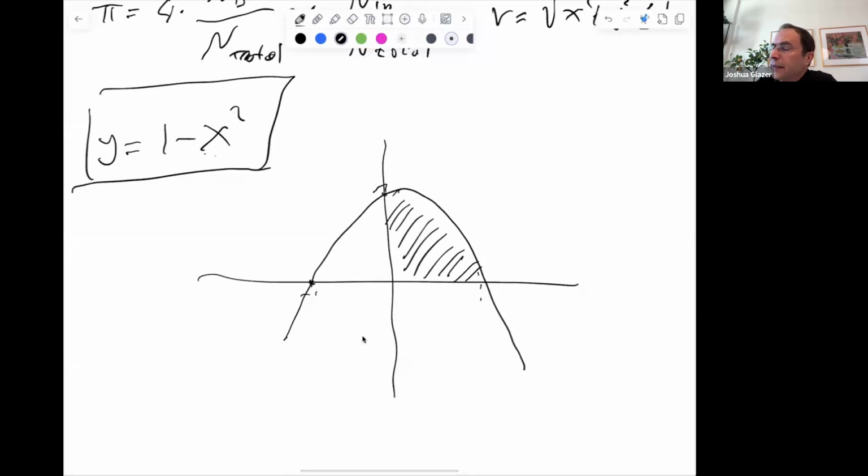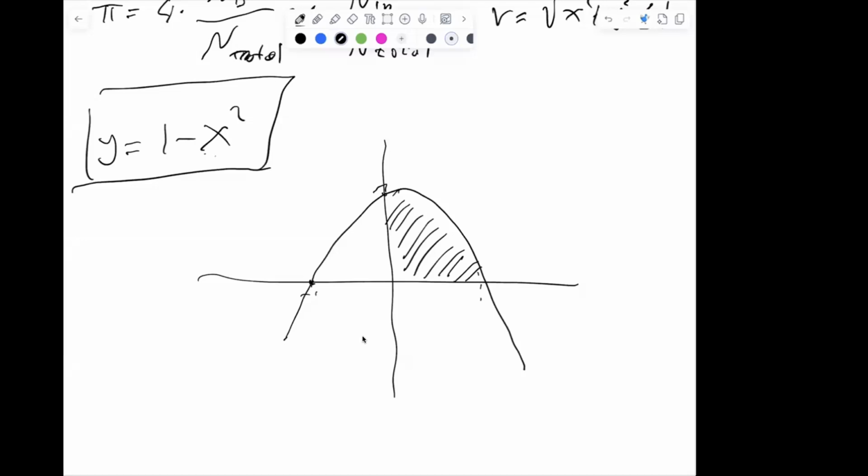First of all, can anybody tell me analytically what it would be? It's a simple integral. It will be x minus x cubed over 3. Just put the limits of the integral and tell me the area, the analytic solution.